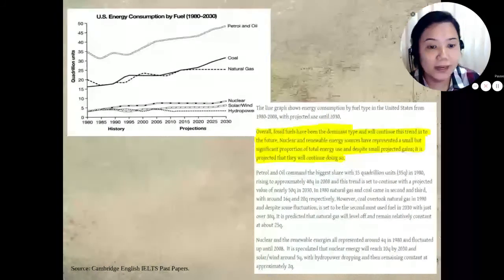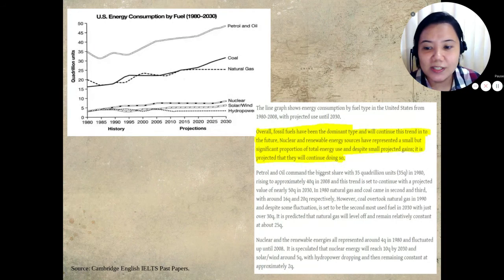The overview is in yellow. Notice that the most significant, noticeable or important features are talked about in the overview. There's no data in the overview for this one. However, features were taken from the overview and supported with data in paragraphs 3 and 4.